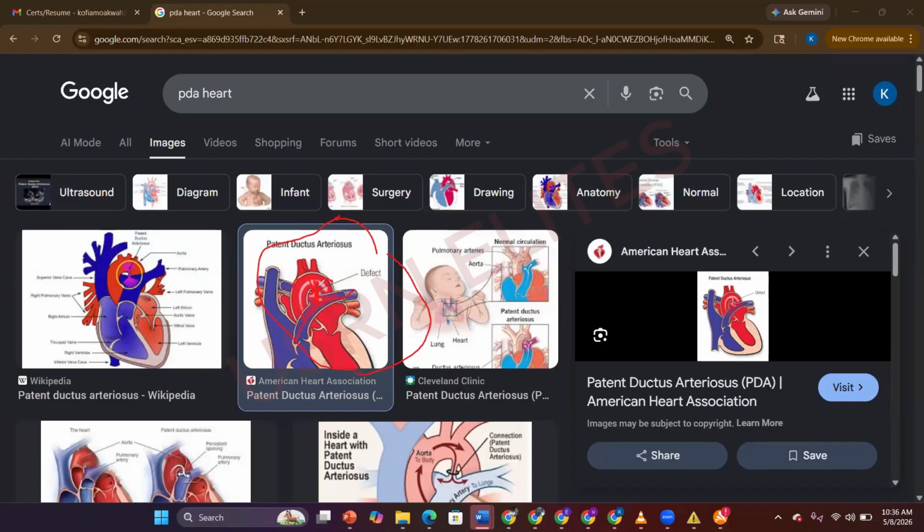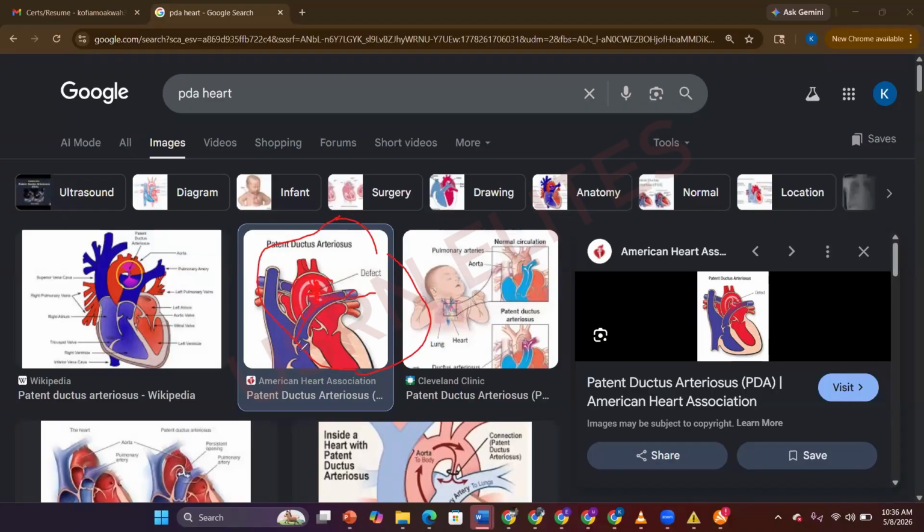So this hole has to close, right? This hole was open before because the baby's lungs are not directly receiving oxygen, since the baby is in the mother's womb.